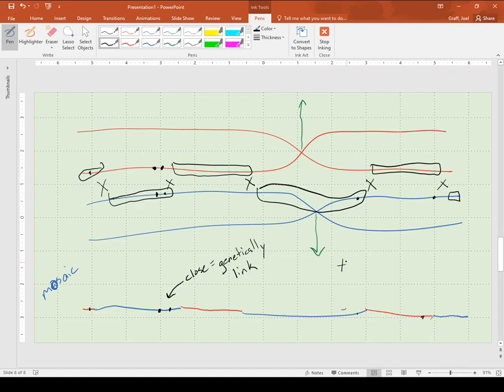So the farther apart two genes are, the more they behave as if they were on separate chromosomes.